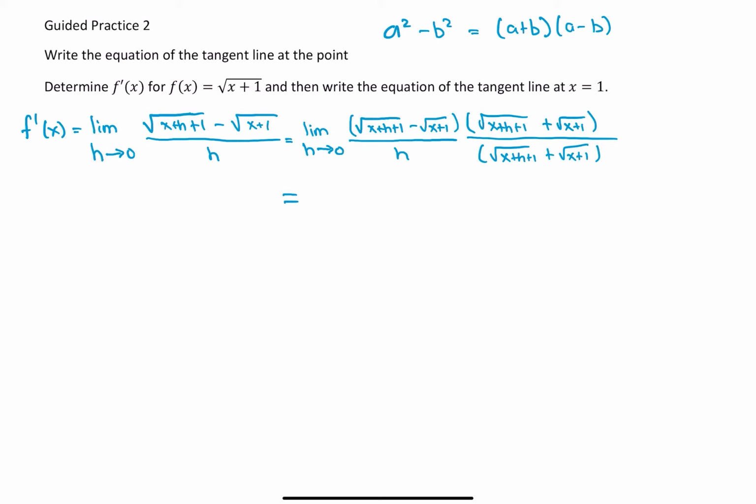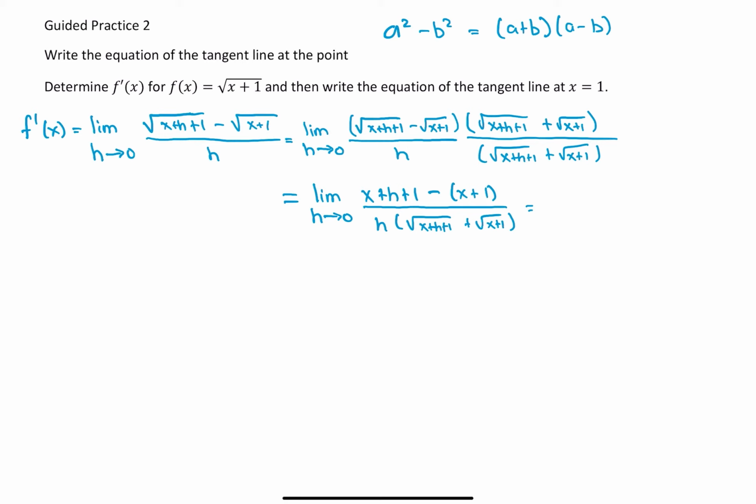So all we're going to get, keep your limit, is the limit as h approaches 0 of x plus h plus 1 minus x plus 1 in the numerator. In our denominator, we're going to get h times the square root of x plus h plus 1 plus the square root of x plus 1.